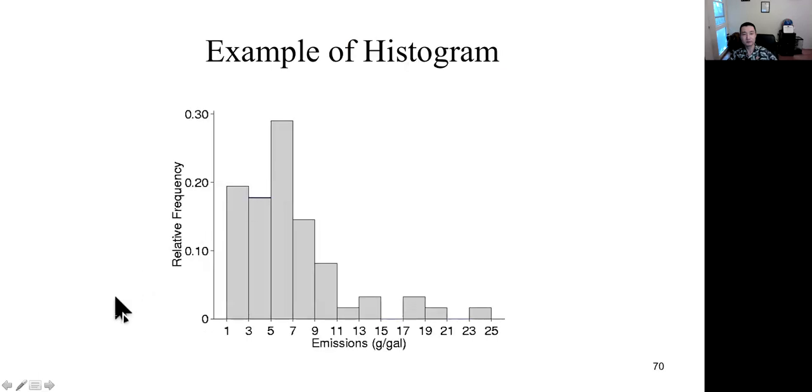Here is another example of a histogram. This is the emission, I believe, for certain types of vehicles, in grams per gallon of gasoline. And here shows the relative frequency.